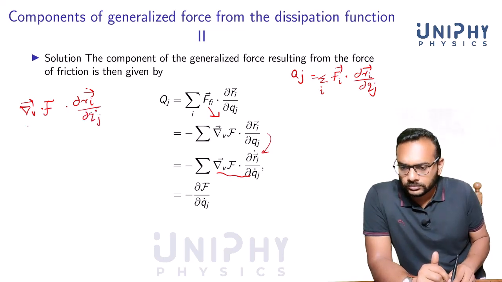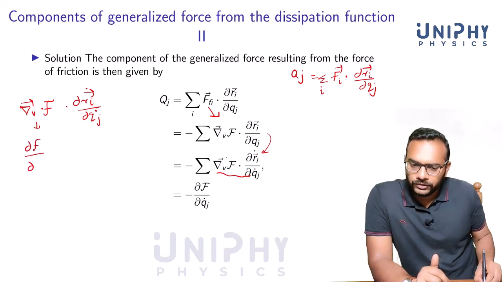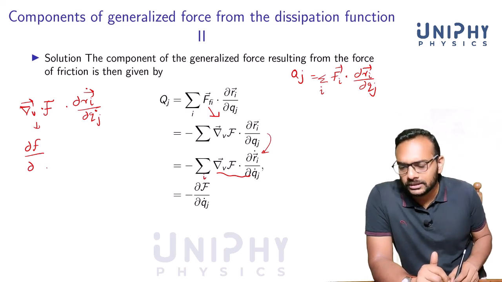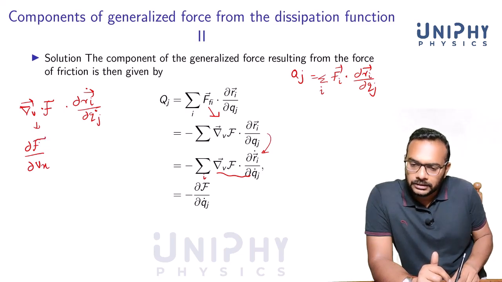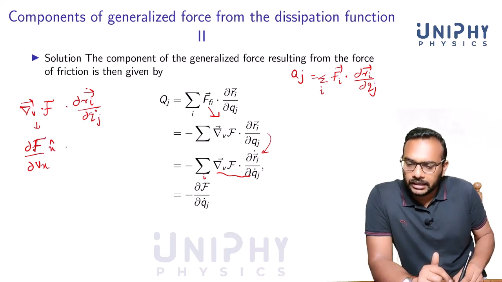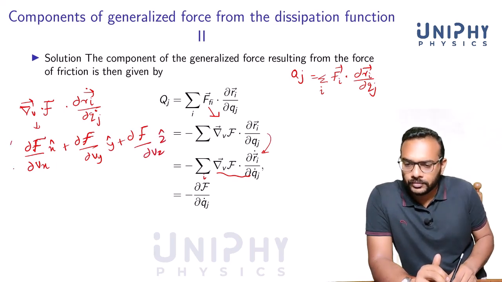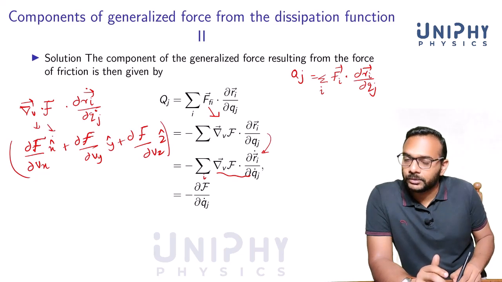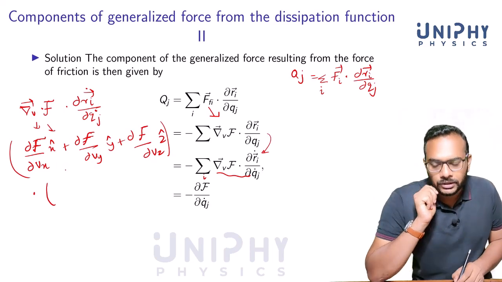Now this we can write as, forget about the sum over i for a moment, ∂F/∂vx x-cap plus ∂F/∂vy y-cap plus ∂F/∂vz z-cap. That's this term. It's a vector, dotted with ∂ri-vector-dot divided by ∂qj-dot. What's that actually?